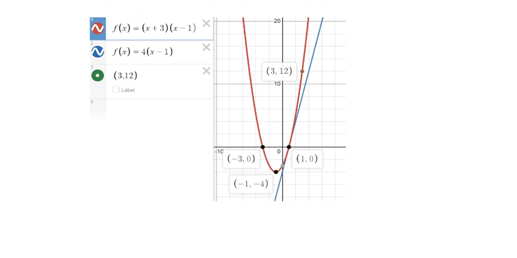I already substituted the values to verify the correctness of the answer, where our roots are 1 and negative 3. That's the value of p. You also have the graph passing through (3, 12), which is also correct. And then we have the vertex x coordinate as negative 1. Substituting this 4, we know that our slope is 4 passing through x equals 1. This is the line that has that slope.